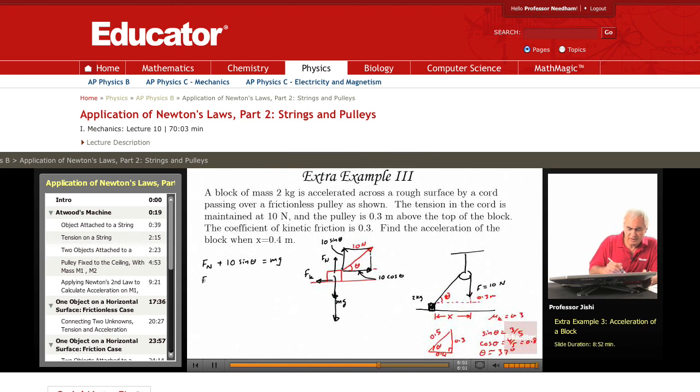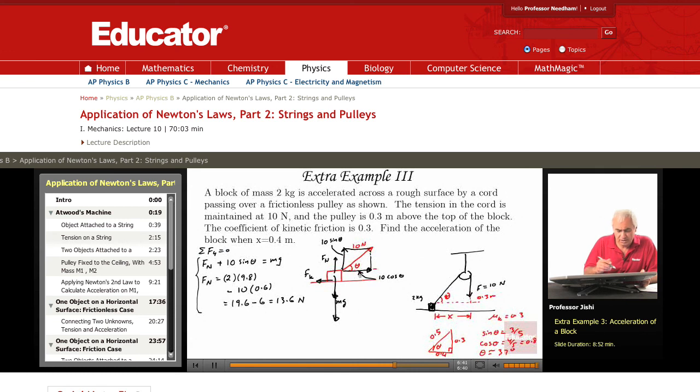So Fn is mg, since m is 2, g is 9.8, minus 10 sine theta, and sine theta we said is 3 over 5, that is 0.6. So Fn is 19.6 minus 6, which is 13.6 newtons. So this is sum Fy equals 0.